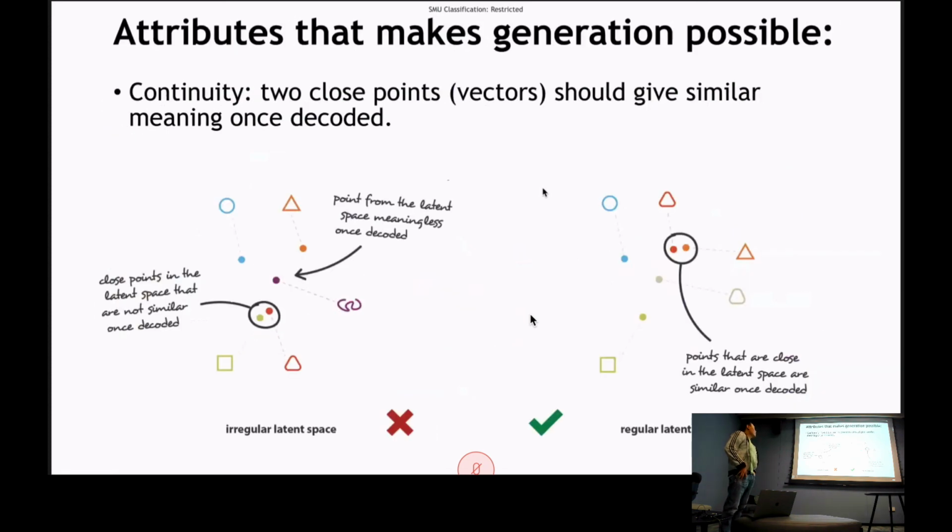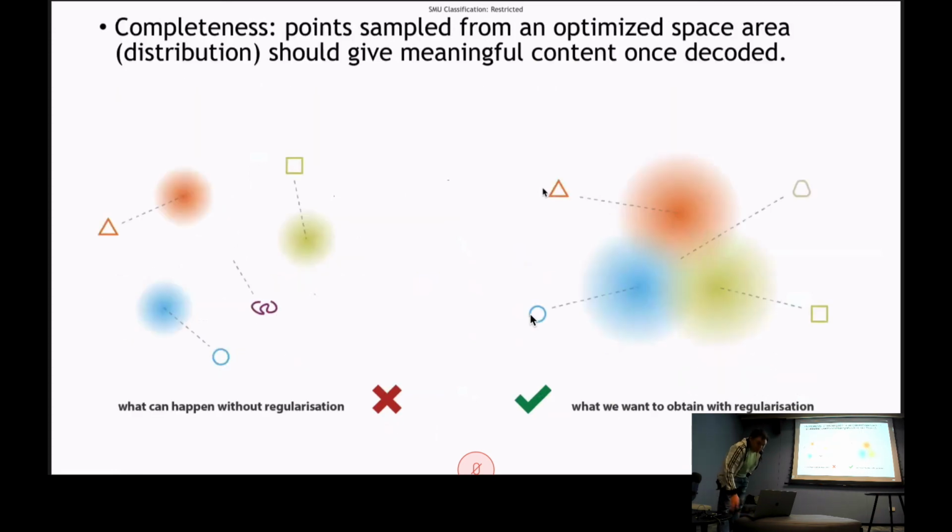So in order to make content generation possible, we need to ensure that our autoencoder has 2 attributes. First is continuity, which means that two points that are close together in the latent space should have similar meaning. And the second is that when we sample a point from the latent space in an optimized area, it should give meaningful content.